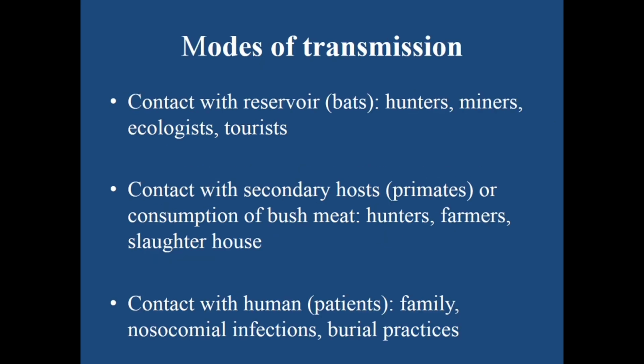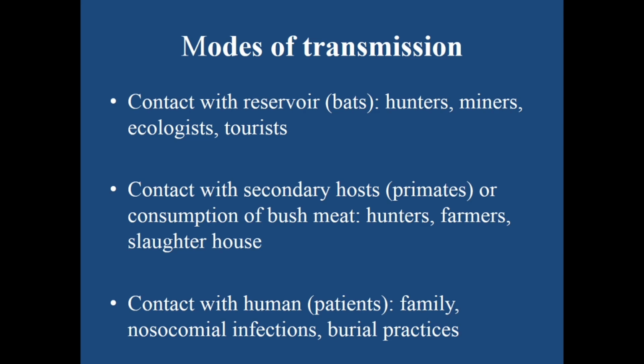So, modes of transmission: contact with the bats or the reservoir, as seen in hunters, miners, ecologists, tourists. It can also be caused by contact with the secondary host or consumption of bushmeat, so through contact with infected animals, and contact with human patients.